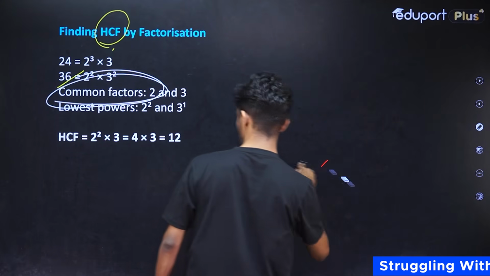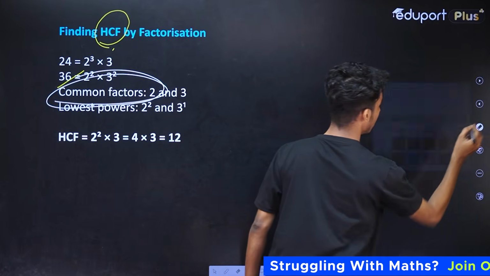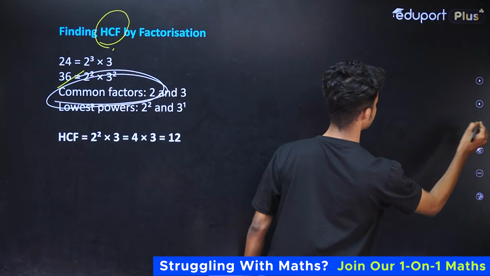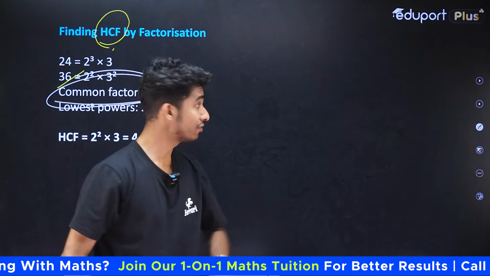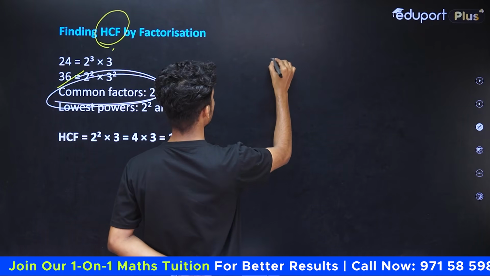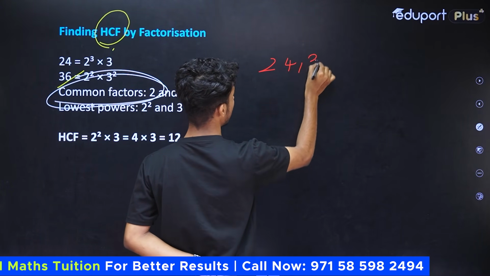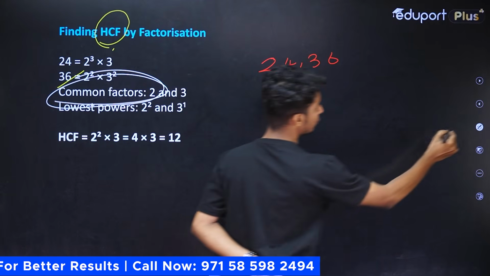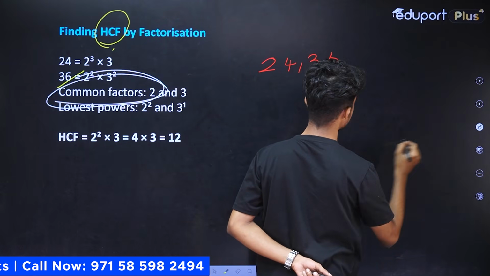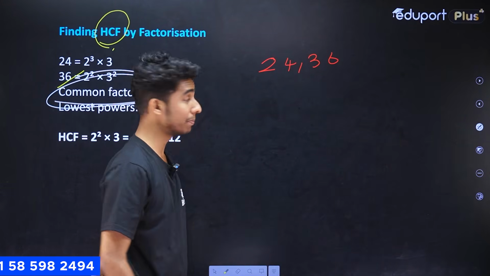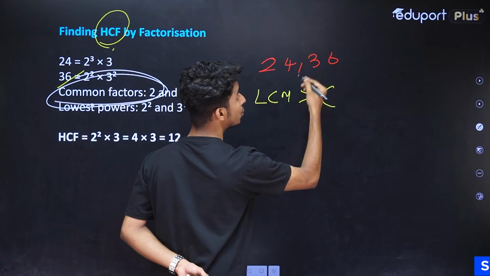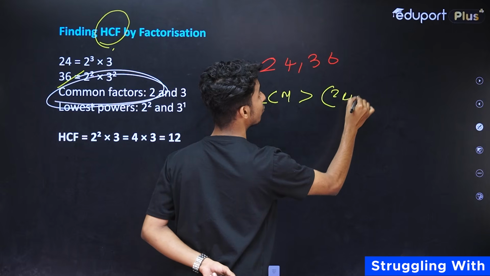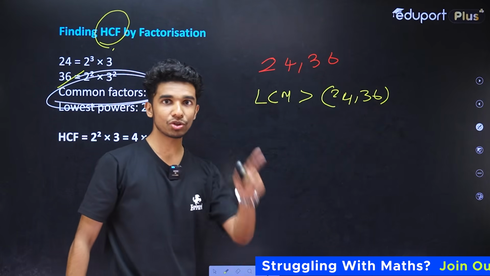Look students, for example, here we have taken 24 and 36. If you have to find the LCM of these two numbers, the LCM will be greater than the two numbers 24 and 36.